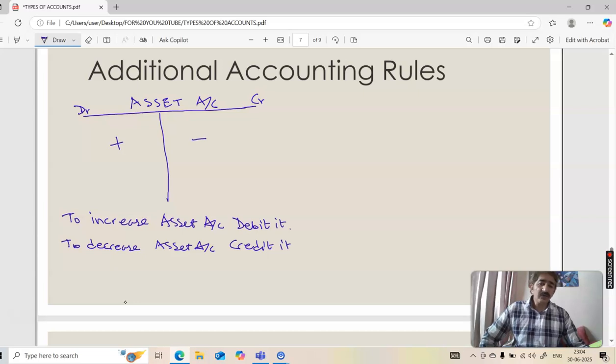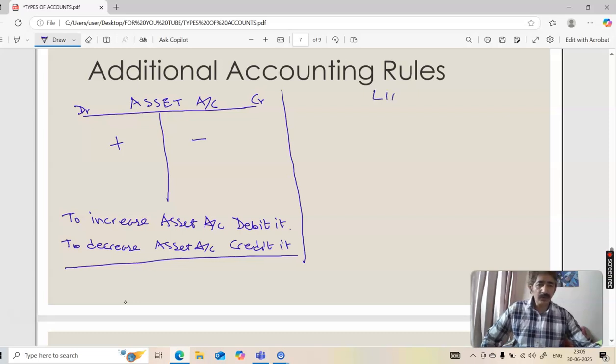See, to increase we add, that is a positive sign. That's the logic for the positive sign on the debit side of the asset account, because to increase asset account we debit it, and to decrease asset account, that is minus. That's why this minus sign you can see on the credit side. That's how you learn the rule for asset account.